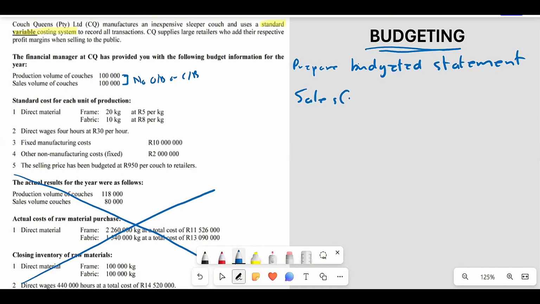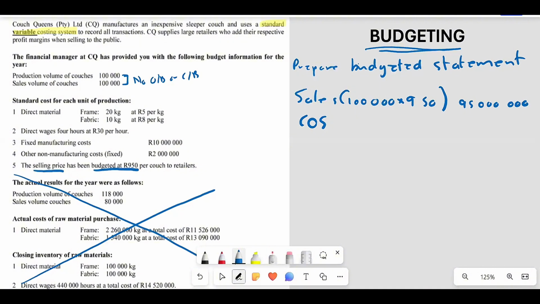Sales is 100,000. We multiply by the selling price of 950, which gives us 95 million. And now we are looking for our cost of sales.